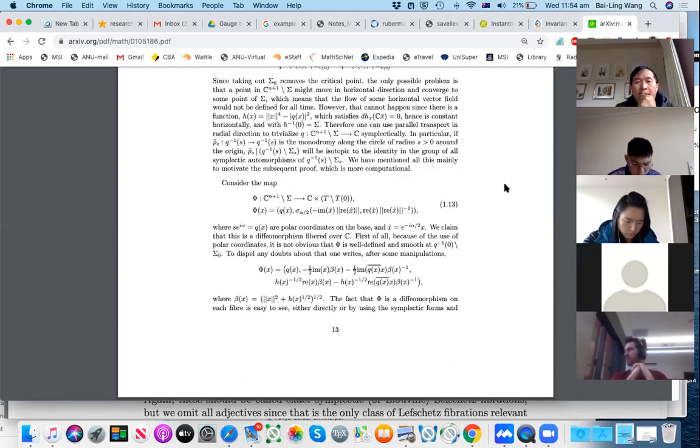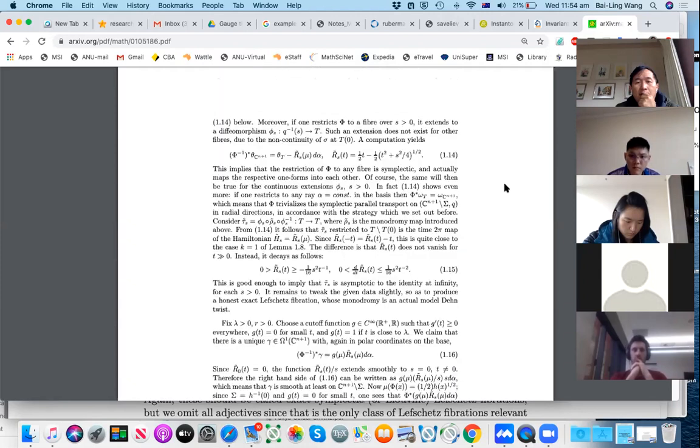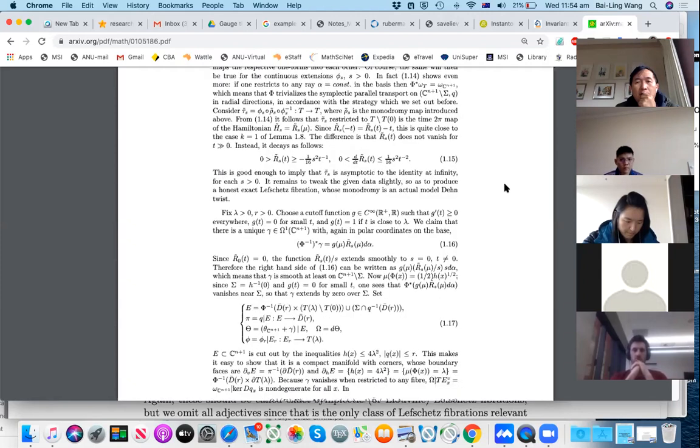I try to figure out a better way to prove this. We have the sphere.